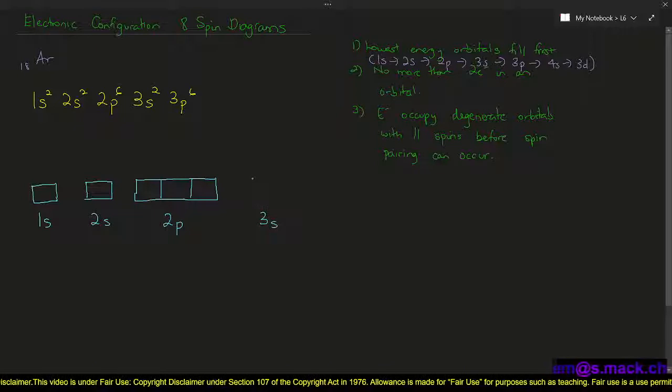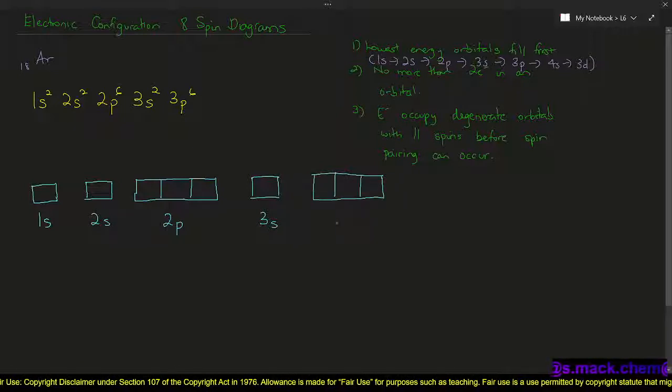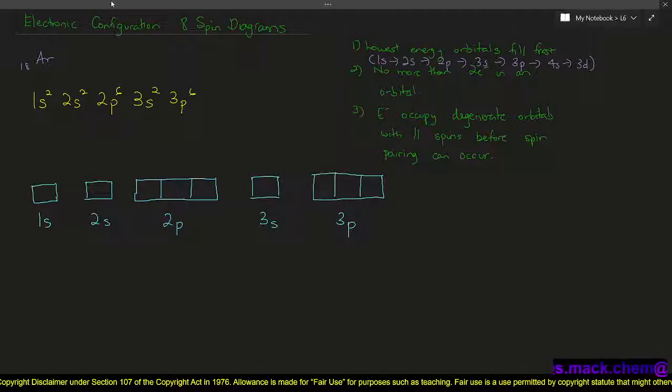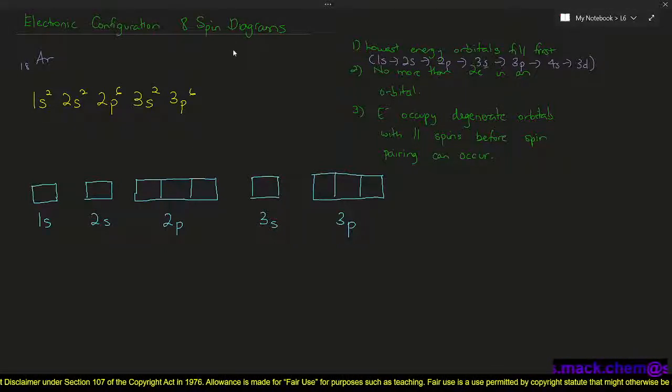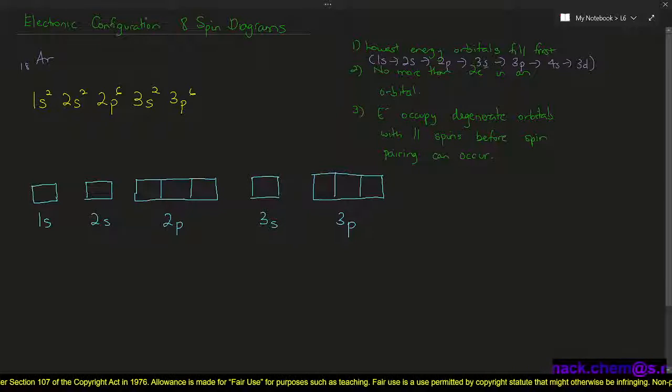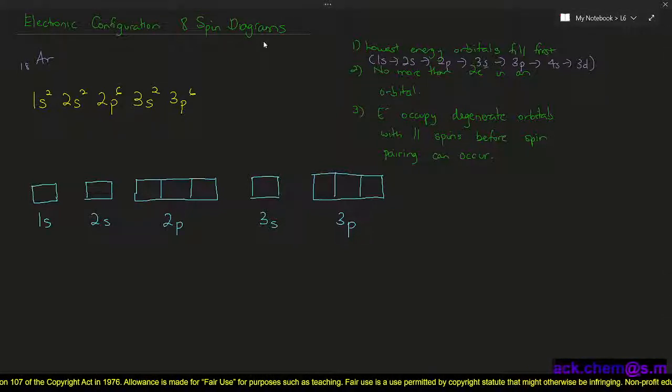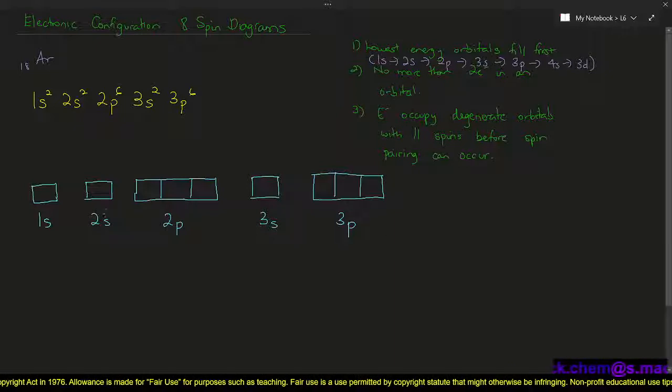Next up, we have our 3s, followed by 3p. So let's draw in our electron in box diagram, our spin diagram, to show how electrons will fill into the orbitals and subshells.